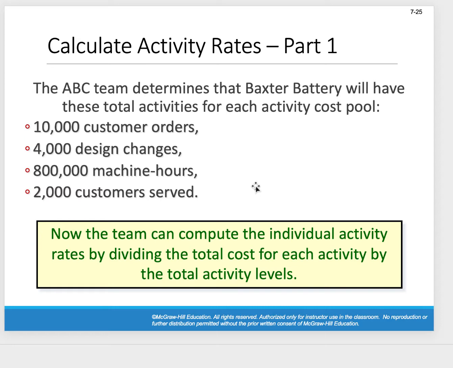So now, since we have the total cost for each activity cost pool and we have the measure for each activity cost pool, we can compute each cost pool's individual rates. All we do is divide, right? We take the total activity cost of customer orders and divide it by the 10,000 customer orders. That's all we do.